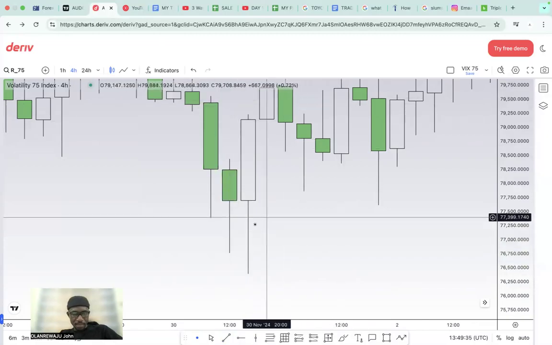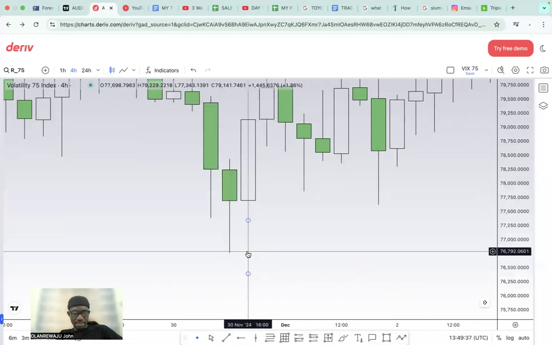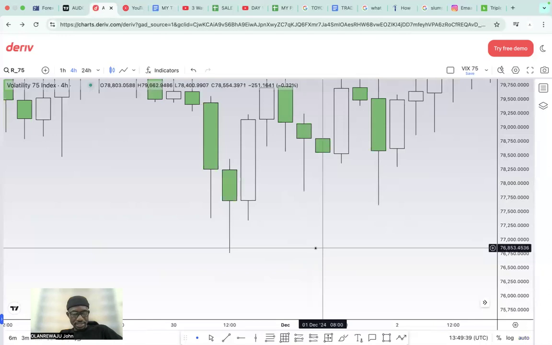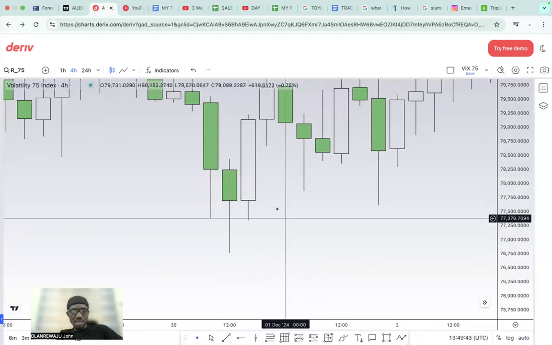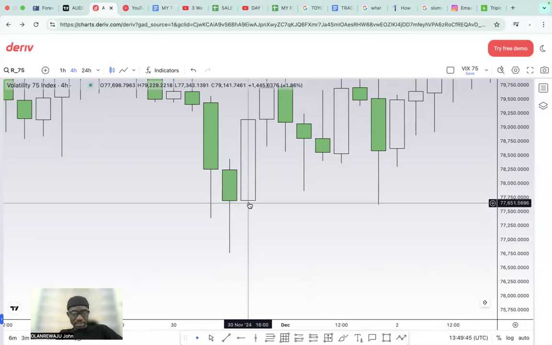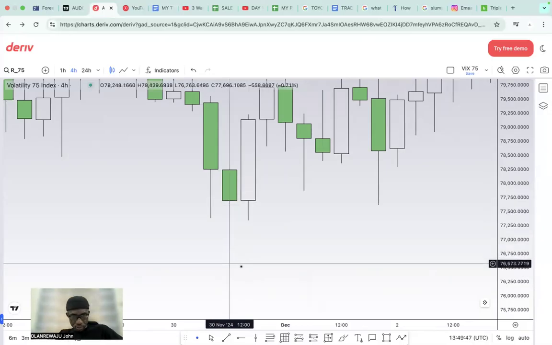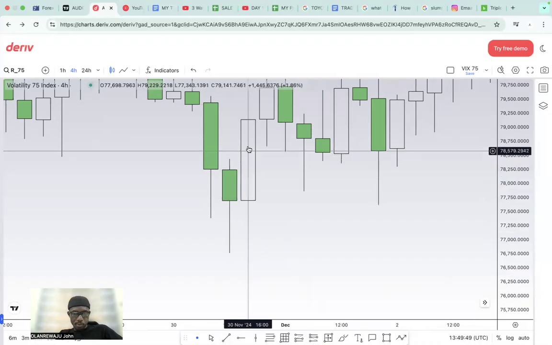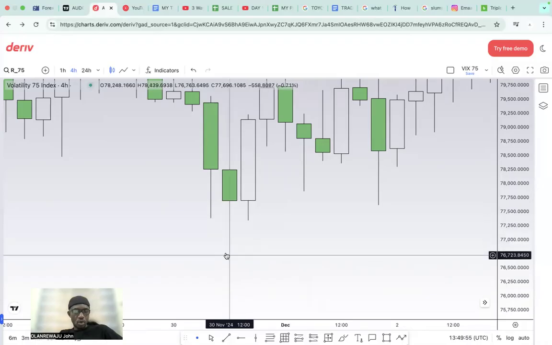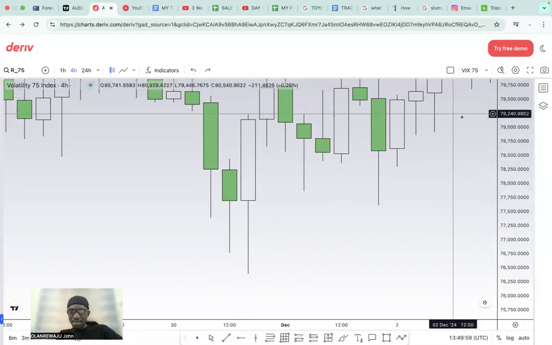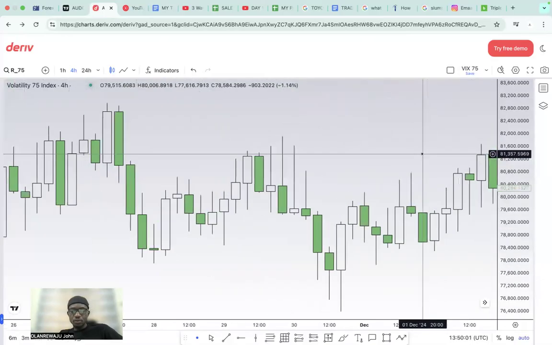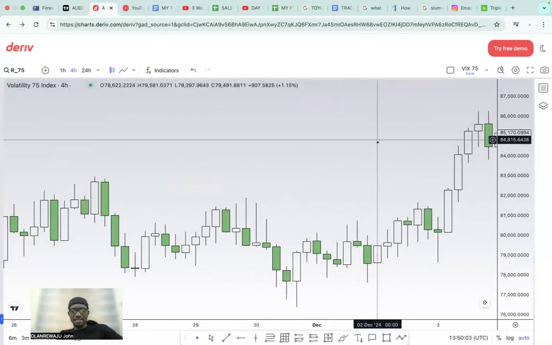So they will say that it must engulf both the wick, meaning that the wick of this candlestick should come below this one too, and also go above this one. But the fact is that when you consider the wick, this one did not come below here. And that's because sometimes wicks are just a fluke. That's not where the price is.